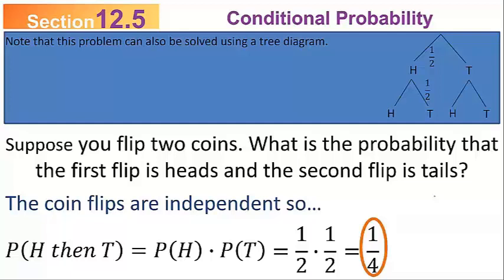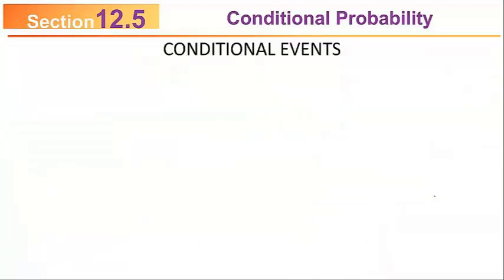And we learned earlier that the probability multiplying down a branch is the and probability. So the probability of getting a head and a tail, where the first is a head and the second's a tail, it would be 1/2 times 1/2, which is 1/4. So we did learn something in earlier sections that would allow you to get that same answer with a tree diagram. But treating it as just two independent events is much simpler.